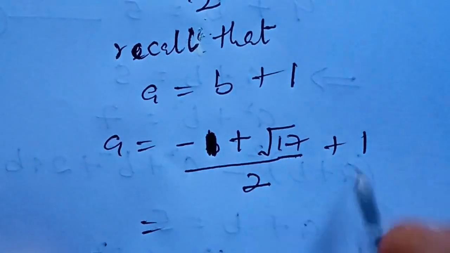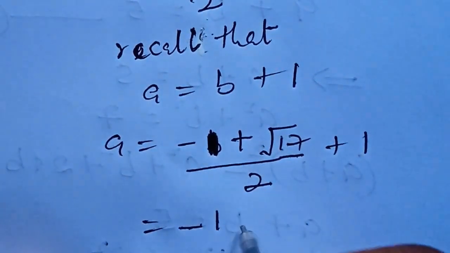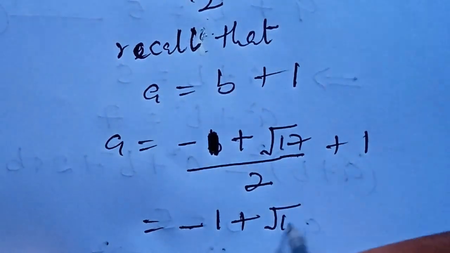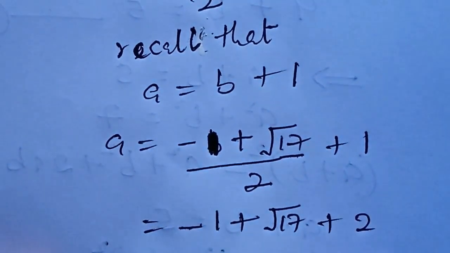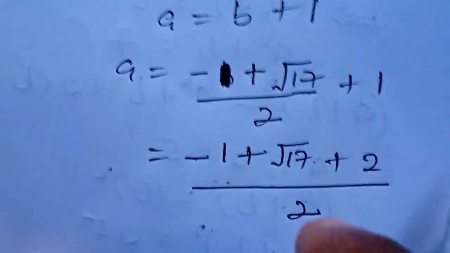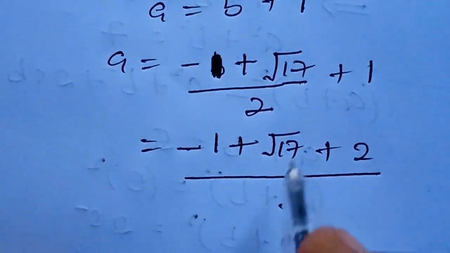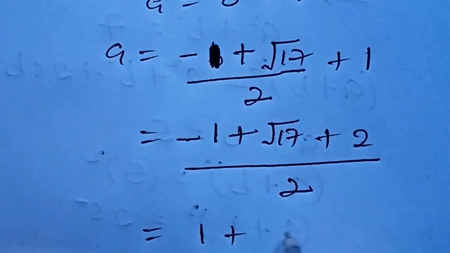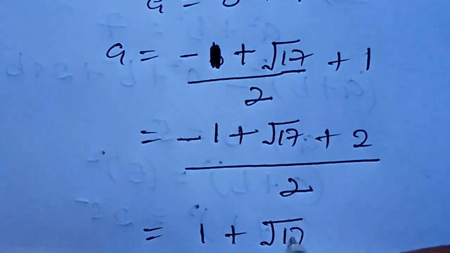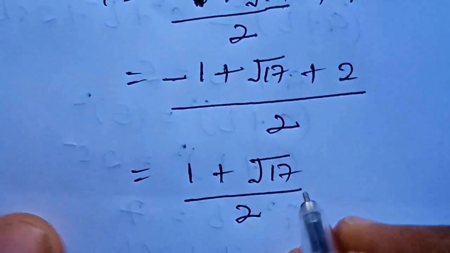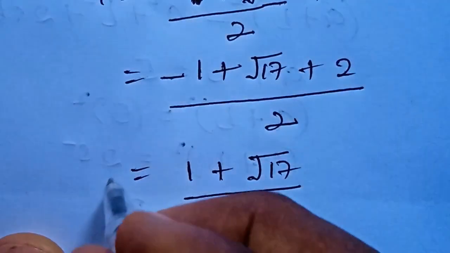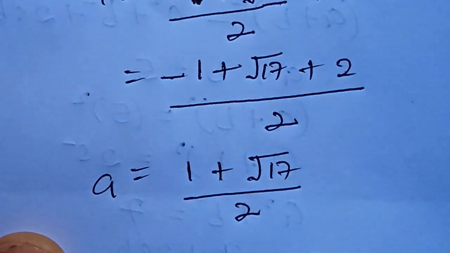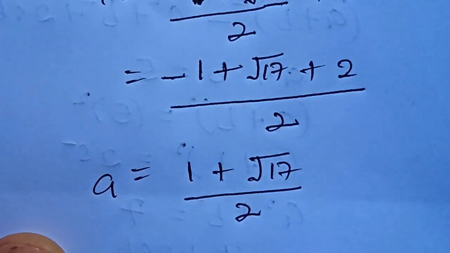So here we have to simplify this: minus 1 plus square root of 17 plus 2, then over 2. Now this will give us 1 plus square root of 17 over 2, which should be our value of a. Having gotten the value of a, we can also now solve for x and y.